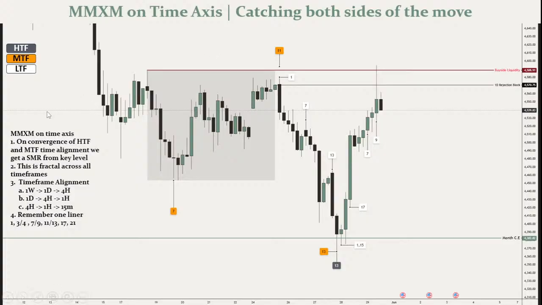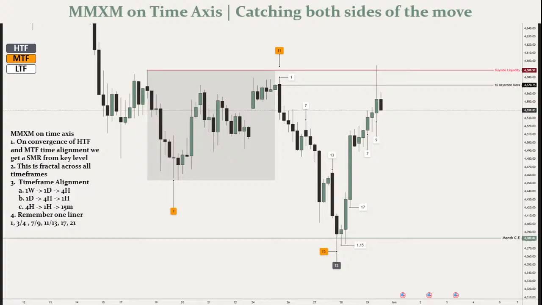Okay, so we have this market maker model on the time axis. Higher time frame is gray, medium time frame is orange, lower time frame is white. Remember this. On convergence of higher time frame and medium time frame time alignment, we get a smart money reversal from a key level. So you see here, this is the higher time frame, and this is the medium time frame.